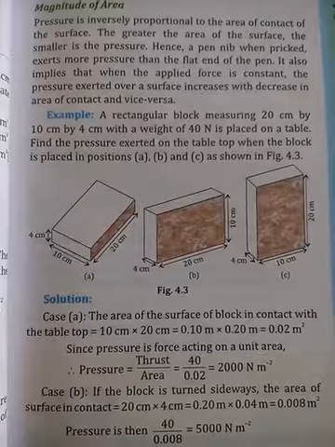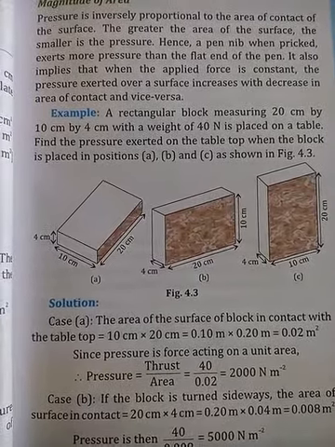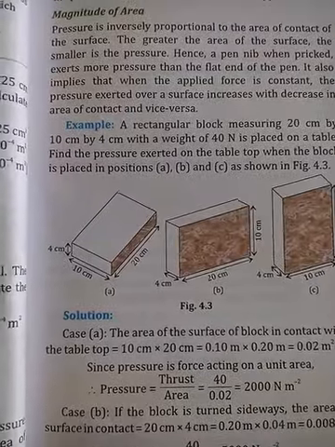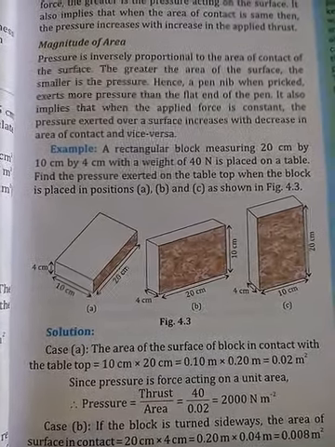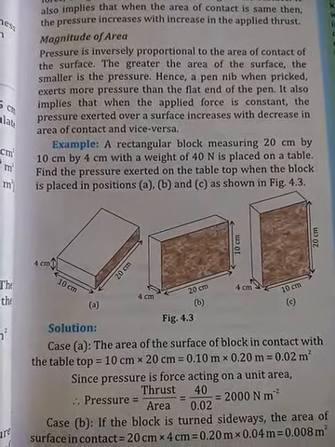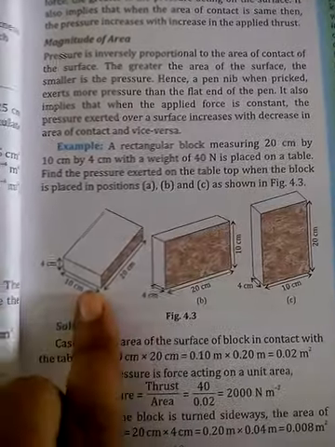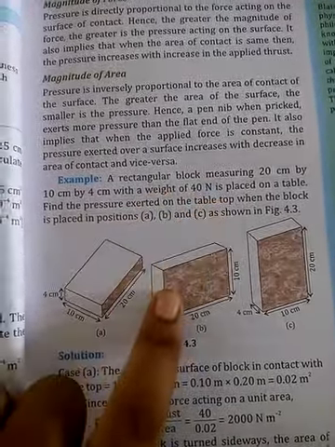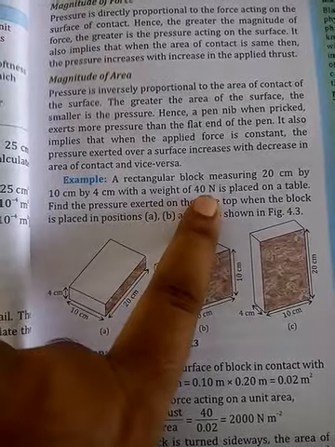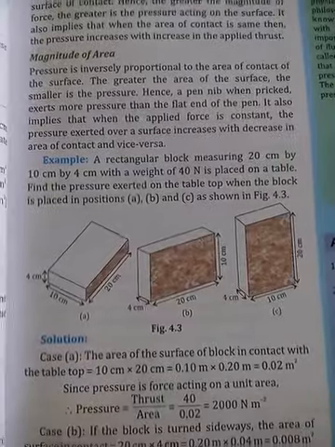Now an example is given. A rectangular block measuring 20 centimeter by 10 centimeter by 4 centimeter with a weight of 40 Newton is placed on a table. Find the pressure exerted on the tabletop when the block is placed in position A, B, C as well. Here you can see an object is given, whose dimensions are given, and 40 Newton, that is the weight of it, was also given.